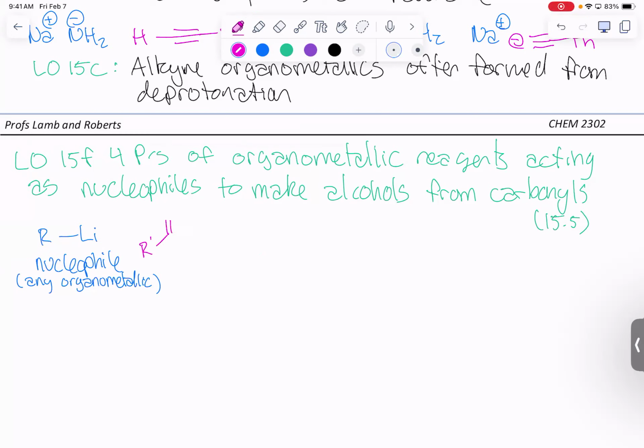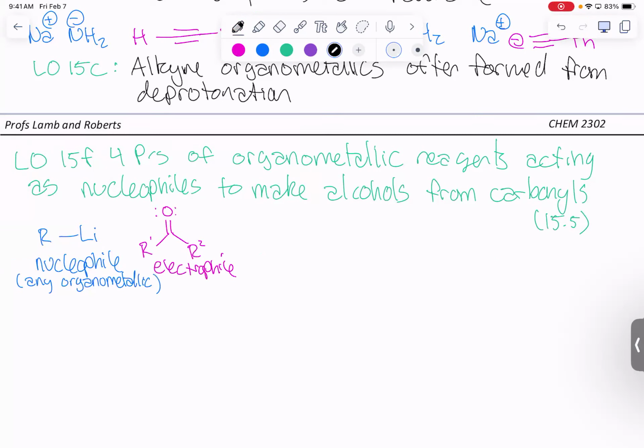Our electrophile is going to be a carbonyl compound, as our learning objective says. All right, and at the end of the day, we're going to make an alcohol.